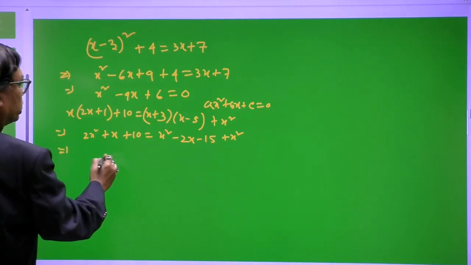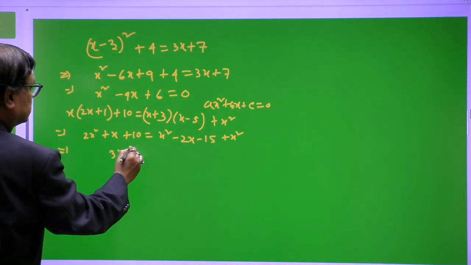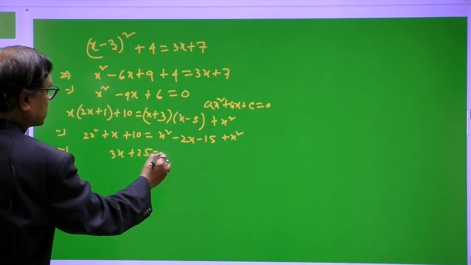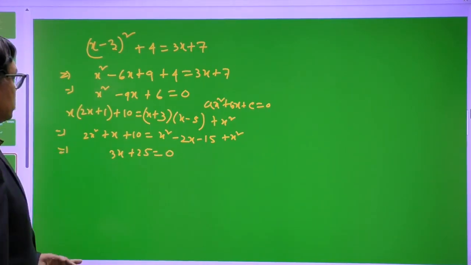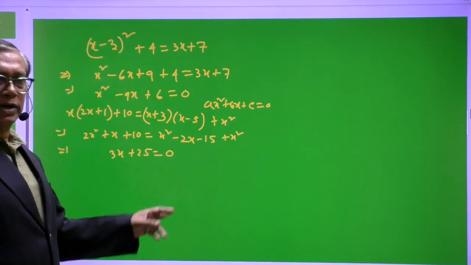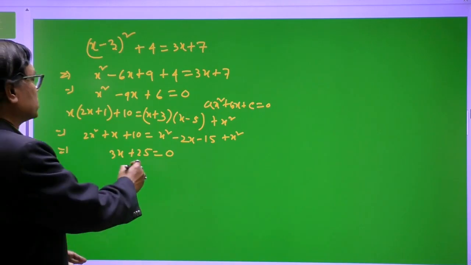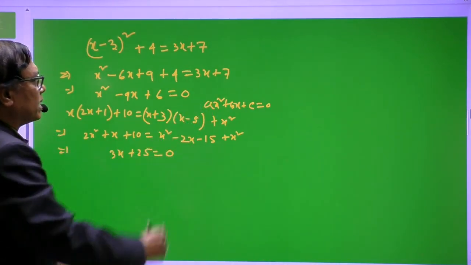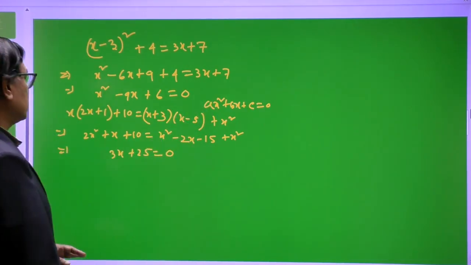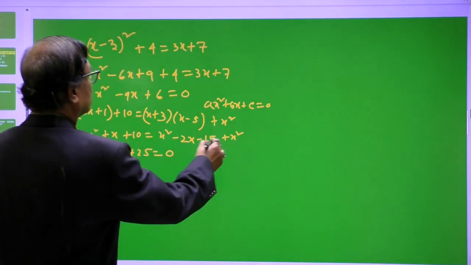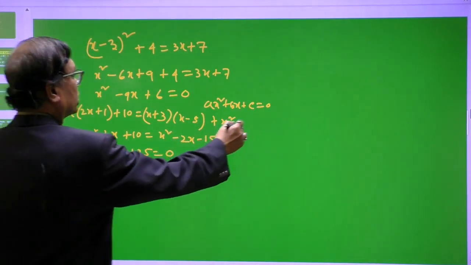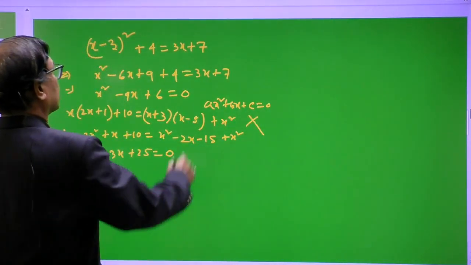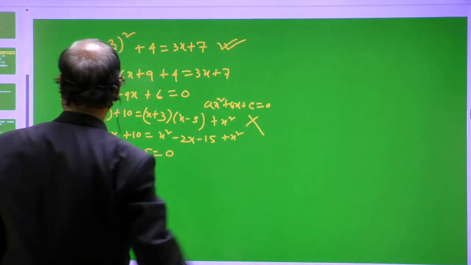Simplifying, we get 3x plus 25 equals 3. So it is not quadratic because it is not in the form of ax square plus bx plus c equals 0. This is not a quadratic equation, but this one is a quadratic equation.